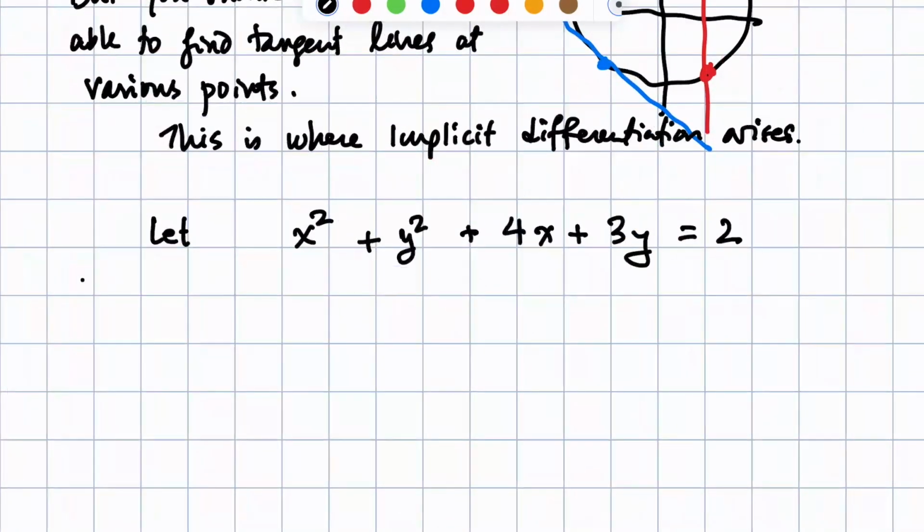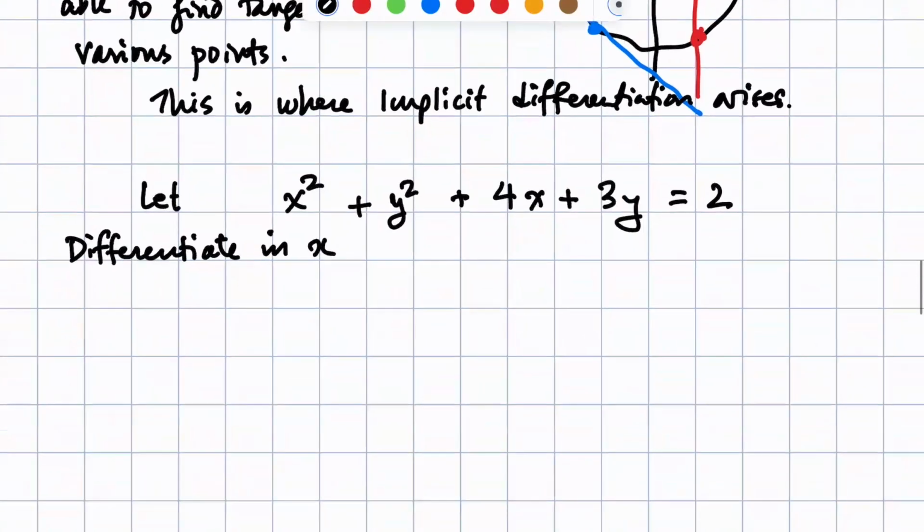Now here, what I want to do is differentiate in x. If I differentiate in x, I get a 2x here. Now you see that there's no x here, but because y is actually secretly a function of x, at least some of the time, not necessarily everywhere on the curve together, you have 2y, but then you have to multiply by y prime because of the chain rule.